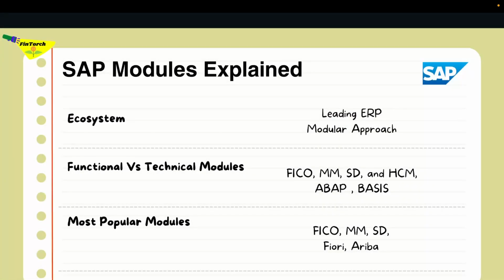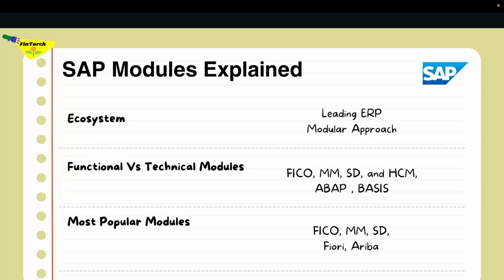So let me give you a brief about the SAP modules, the main modules obviously, because otherwise this video will get long. Talking about the ecosystem, as you all know, SAP is one of the leading ERP providers in the market.